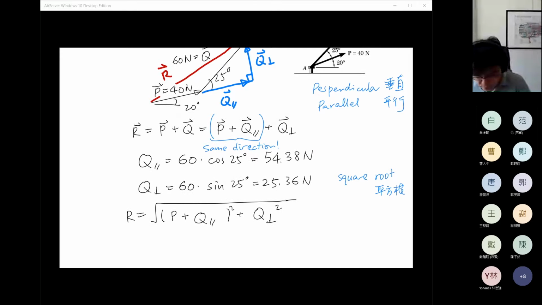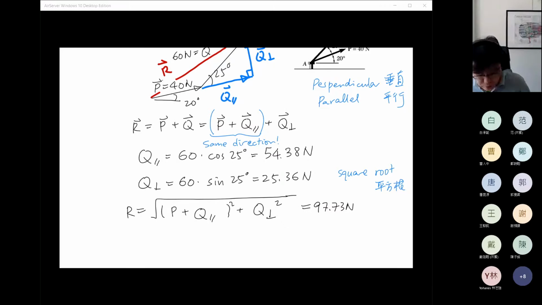So we know it is equal to 97.73 Newton, and for this angle, because for forces we need to determine the magnitude and we also need to determine the angle alpha. So for alpha, of course, we know tangent alpha is equal to 25.36 over 94.38.